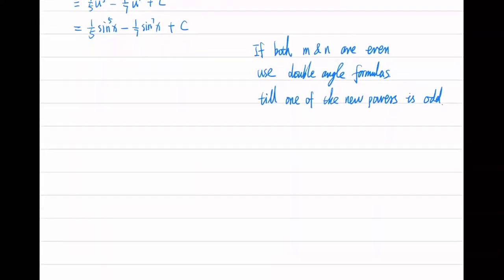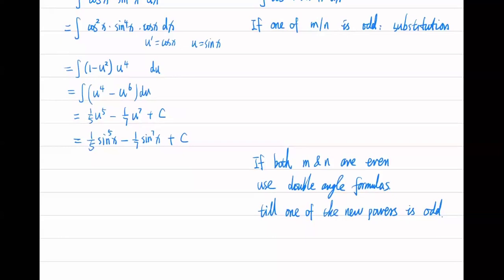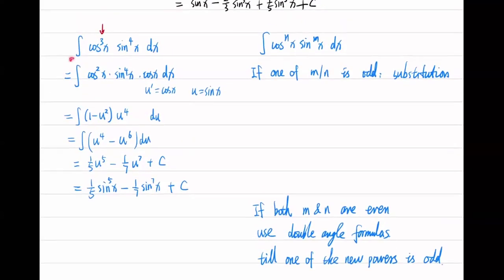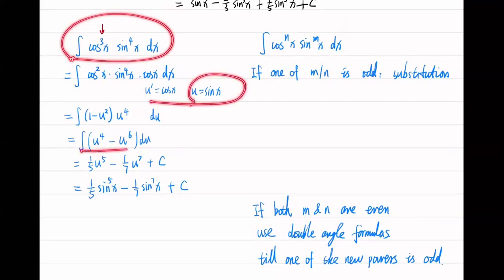Okay, so this is about sine and cosine. The main technique, even though it looks very complicated, is that with the substitution, you get something much simpler, and we switch back to x.